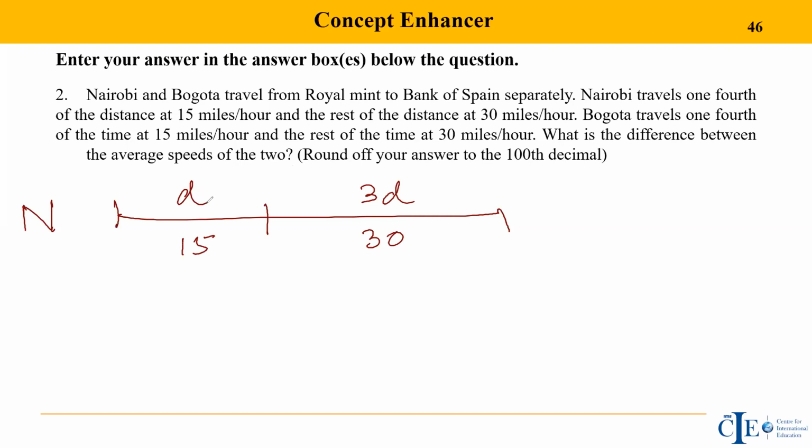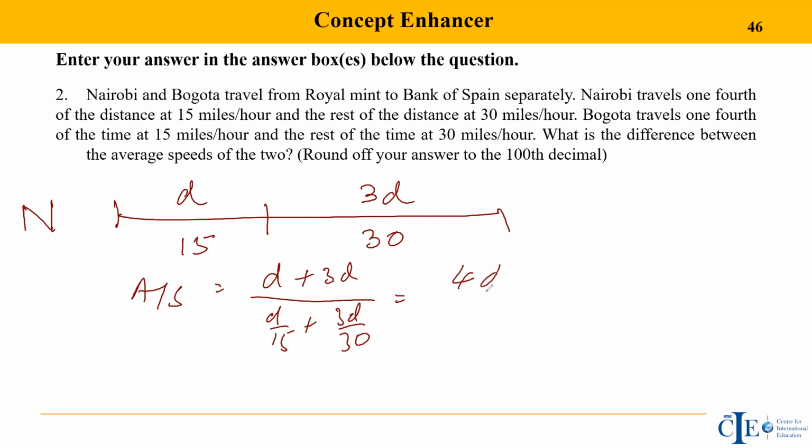Instead of taking d by 4 and 3d by 4 at 15 and 30, the average speed would simply be d plus 3d, that's the total distance, divided by d by 15 plus 3d by 30, right? So that's 4d over d common, as you see. It's 1 by 15 plus 1 by 10.